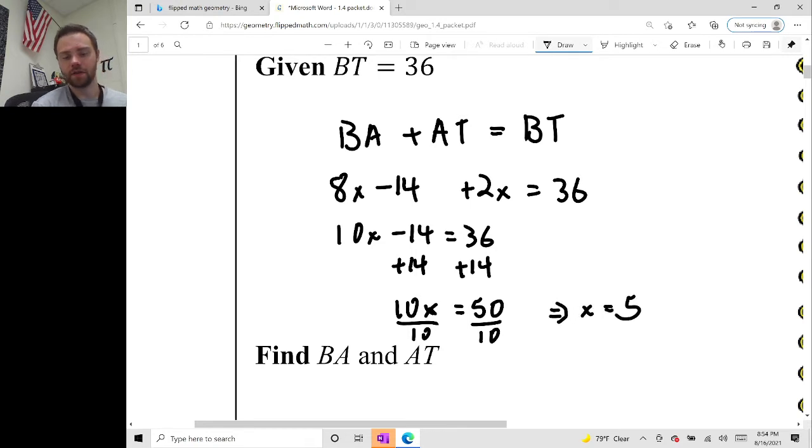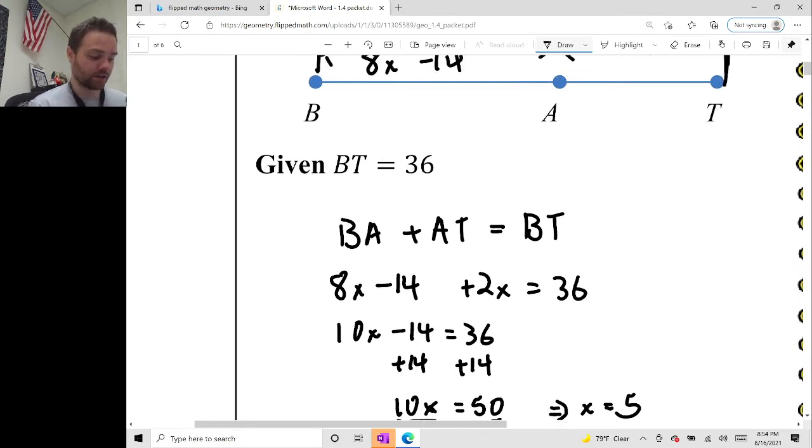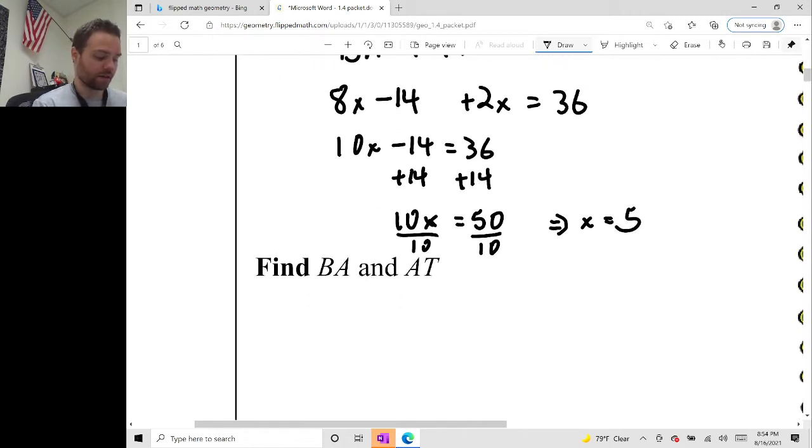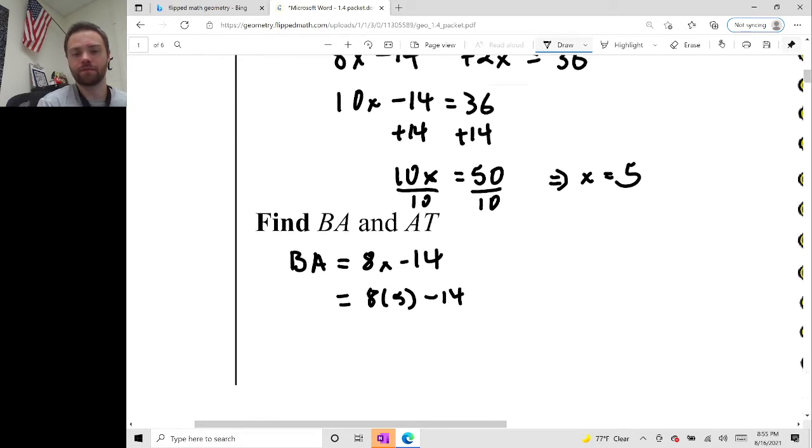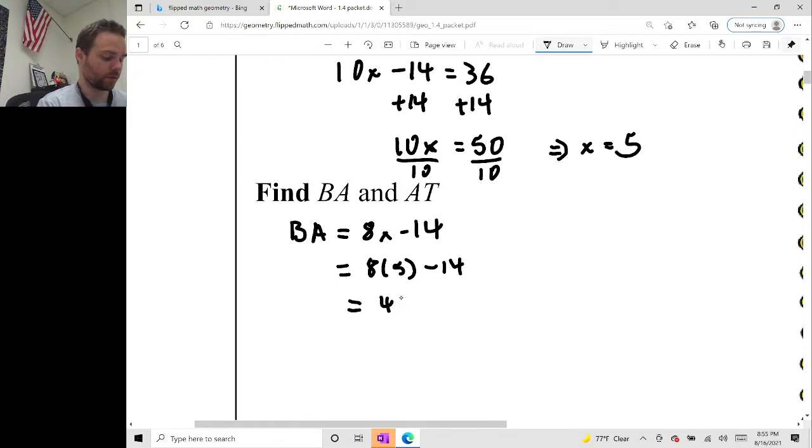Okay? So since x equals 5, what I can do is find the measure of BA and AT. BA, they said, was the expression 8x minus 14, which is the same as 8 times 5 minus 14, which is going to be 40 minus 14.